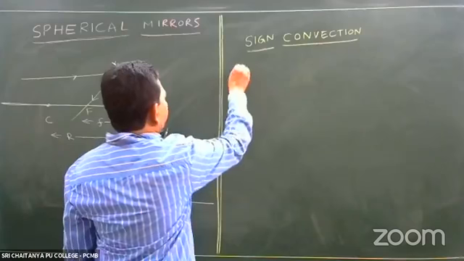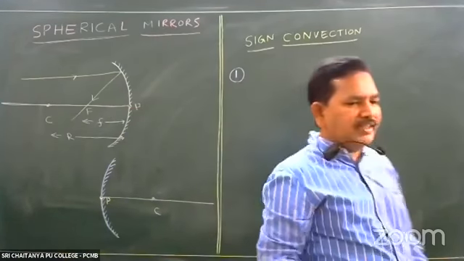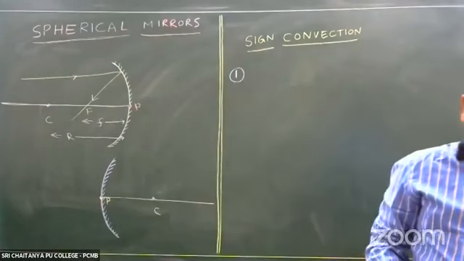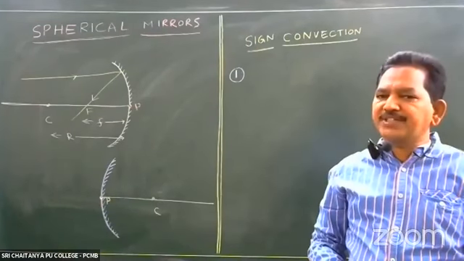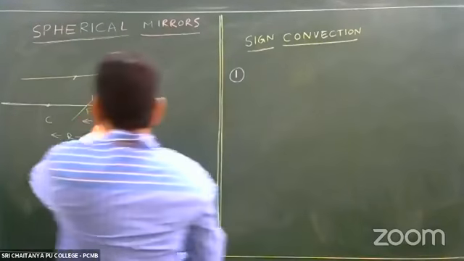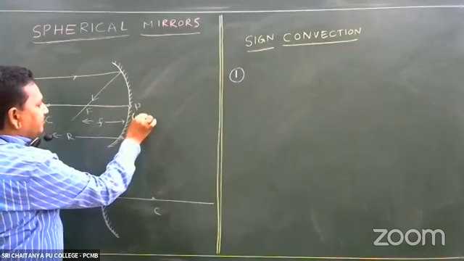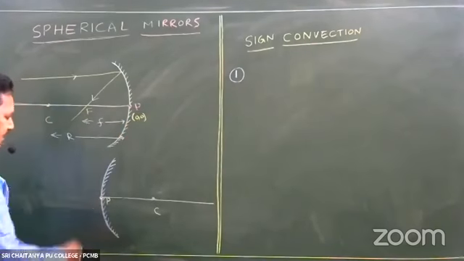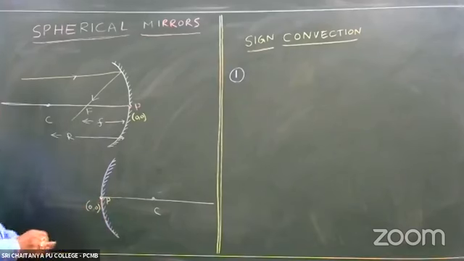The first point in sign convention: all the distances must be measured from the pole only. The pole is treated as origin.